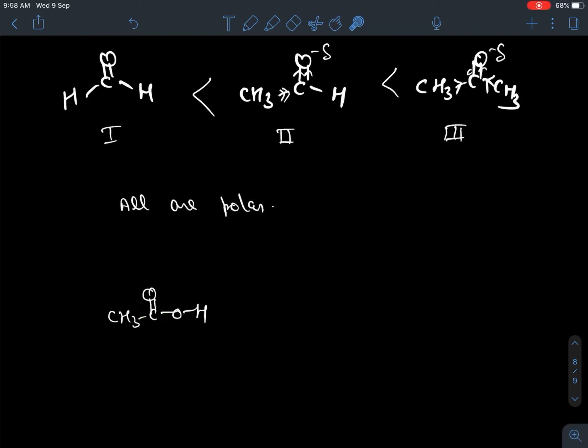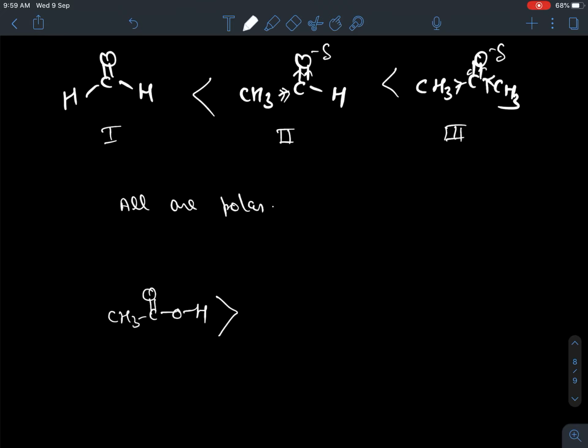At the same time, one excellent thing present here is hydrogen bonding, because OH is there. So it can form a hydrogen bond with other carboxylic acid molecules, and that makes it quite difficult to evaporate. That's why the boiling point of carboxylic acid is the highest among all these organic molecules.